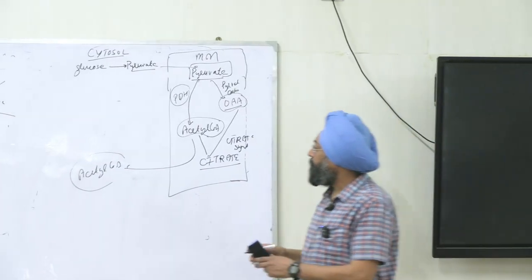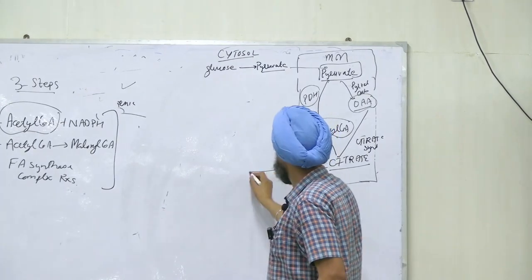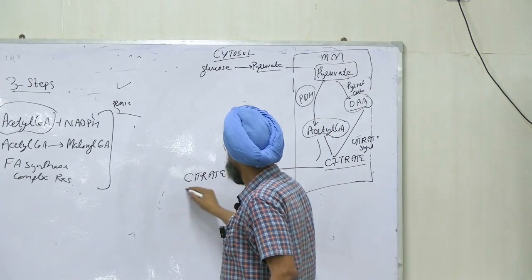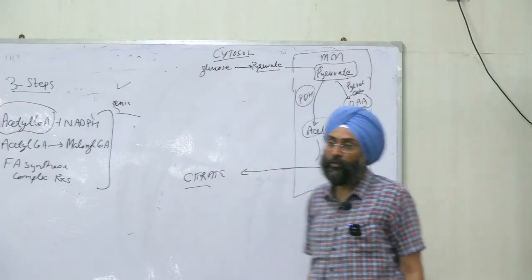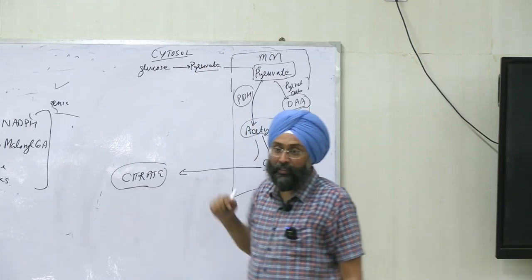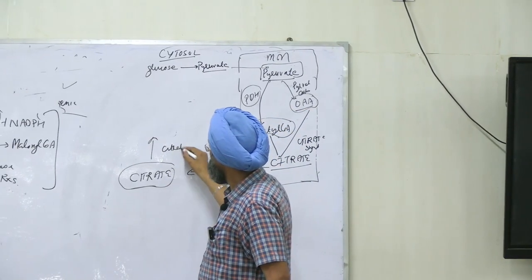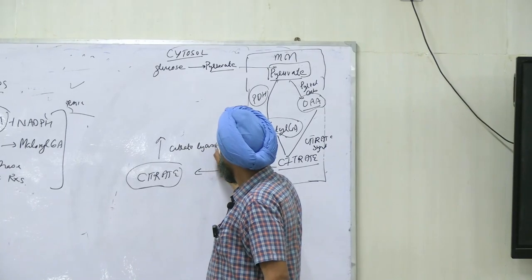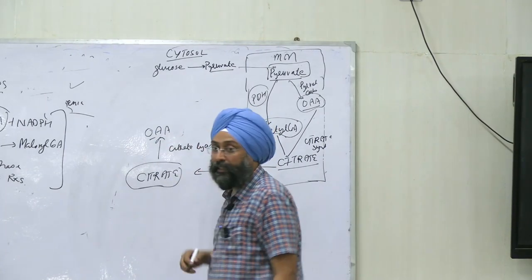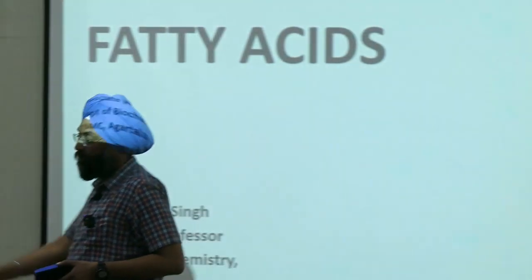And this citrate is permeable from mitochondria into the cytosol, right? We have citrate now in the cytosolic fraction of the cell. This citrate via citrate lyase is converted again back into oxaloacetate. I will show you the reaction, that will make it easier for you.